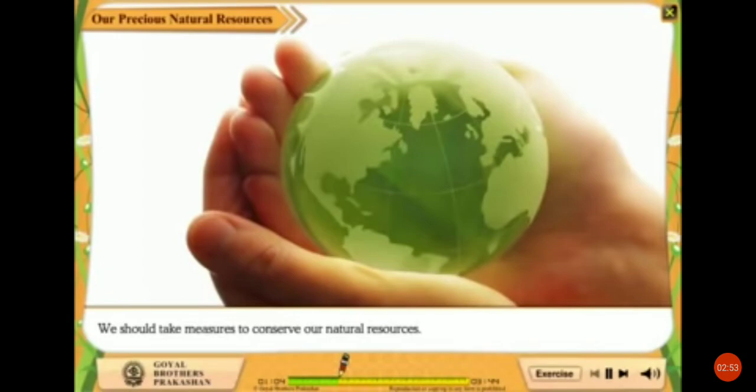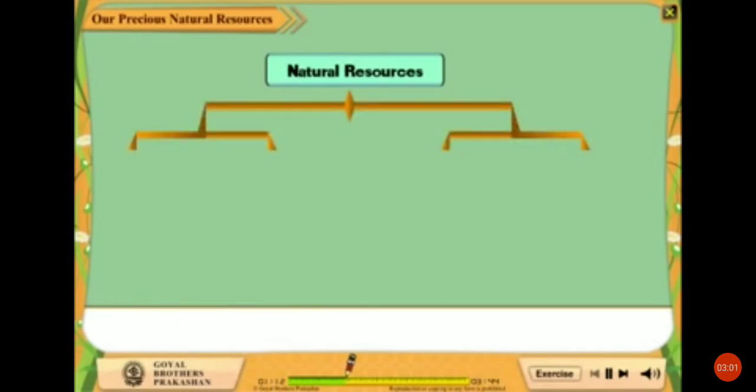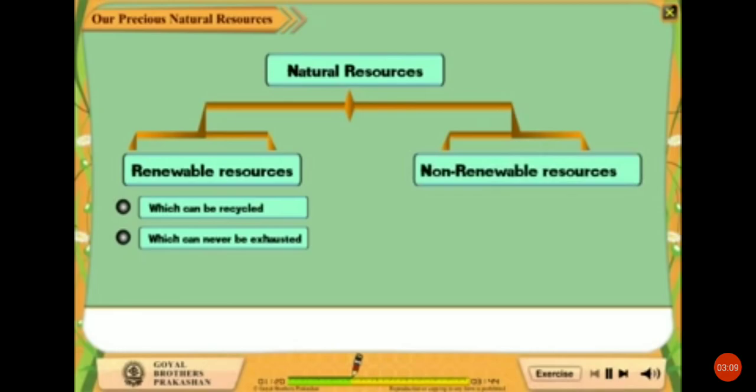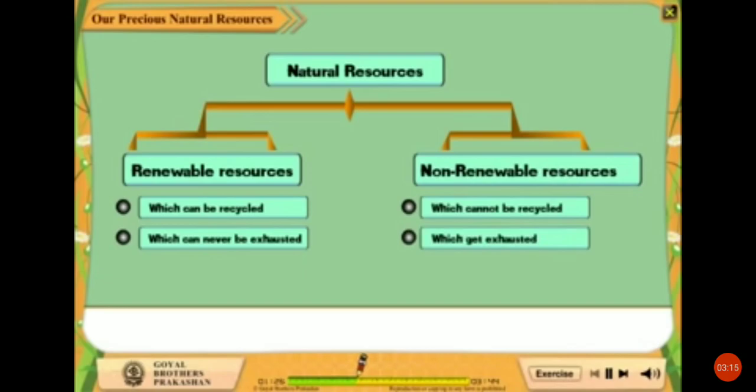We should take measures to conserve our natural resources. Natural resources can be further divided into two types: renewable resources, which can be recycled and can never be exhausted, and non-renewable resources, which can't be recycled and which get exhausted.